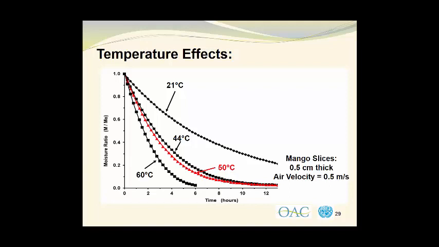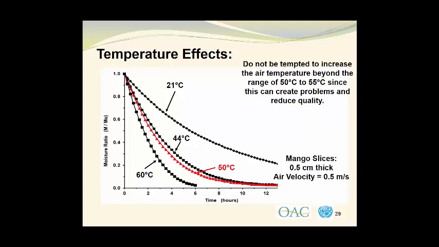But there are some cautionary notes. Do not be tempted to increase the air temperature beyond the range of 50 to 55 degrees Celsius, since this can create problems and reduce quality. And it should be noted that the drying rates at 60 degrees Celsius and above can vary from run to run due to case hardening.